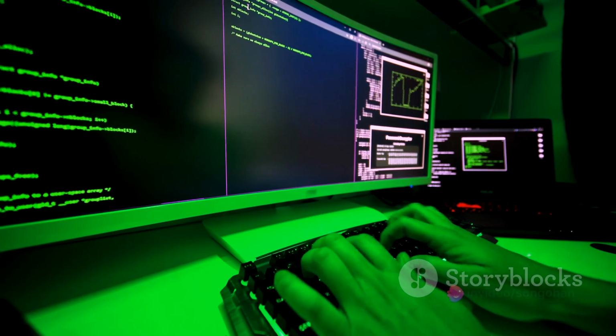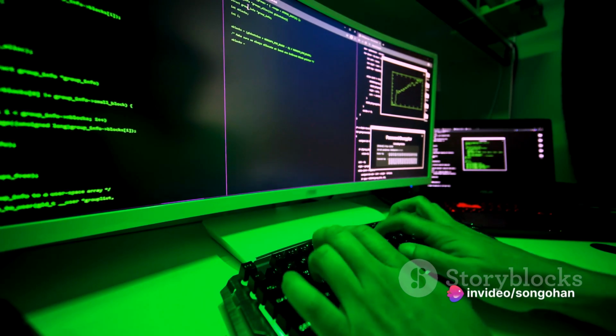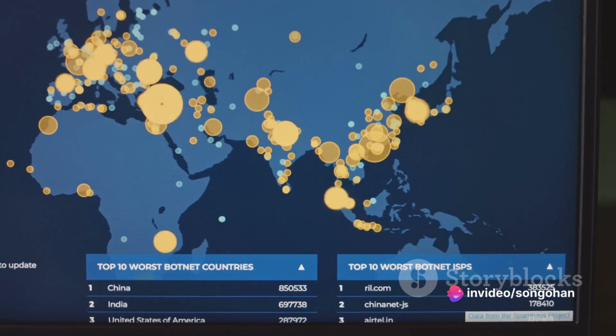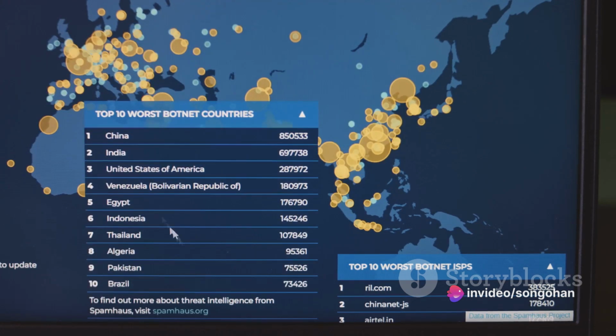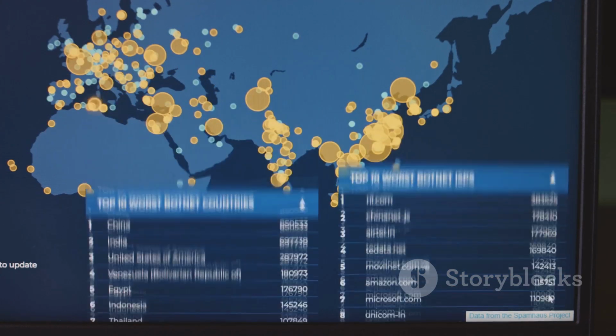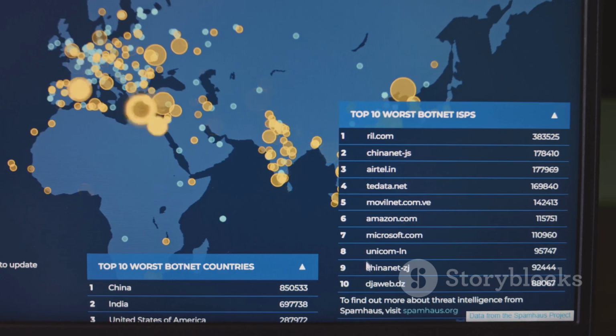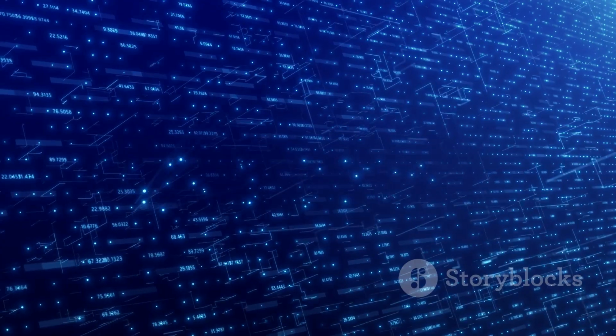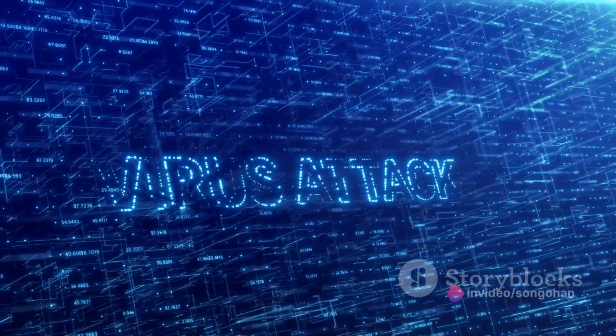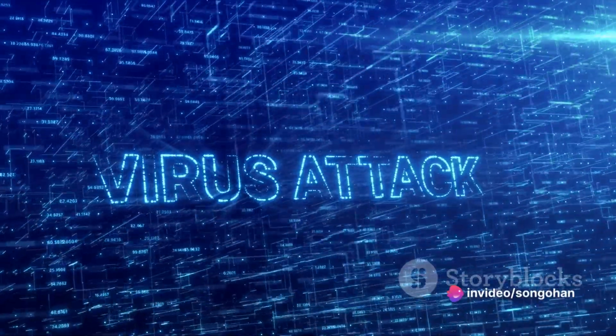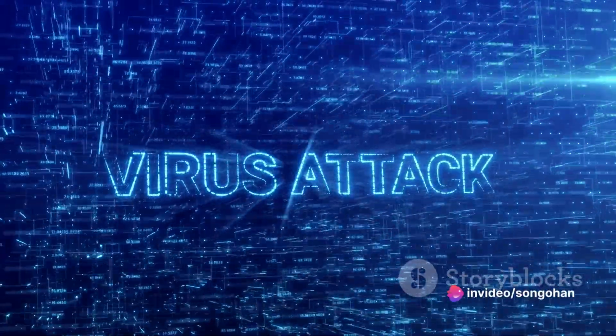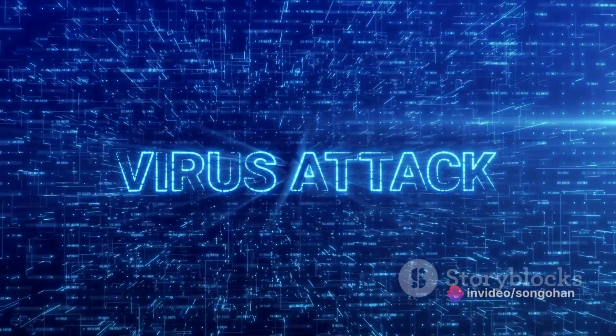What sets botnets apart is their ability to launch attacks on a massive scale. A single botnet can consist of thousands or even millions of bots, allowing it to generate an astounding amount of traffic. This is why botnets are often behind the most destructive DDoS attacks. Botnets demonstrate the truly devastating potential of DoS attacks.